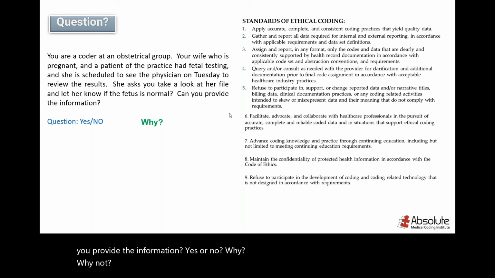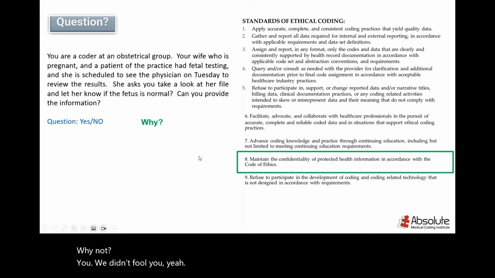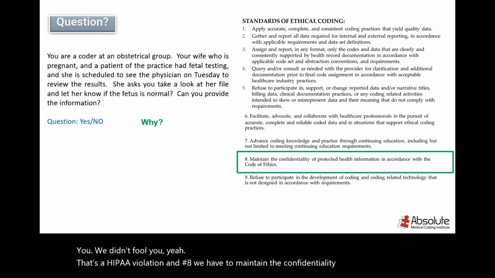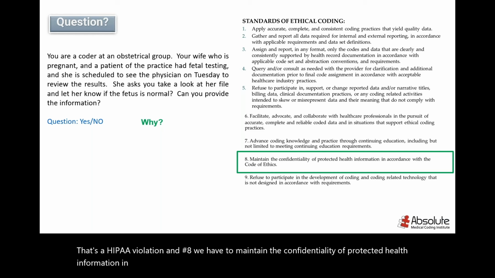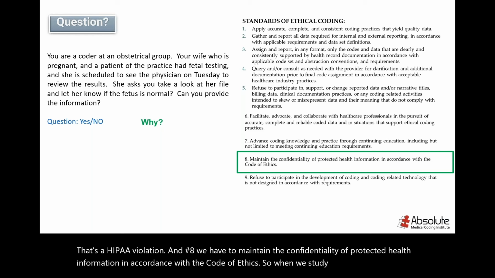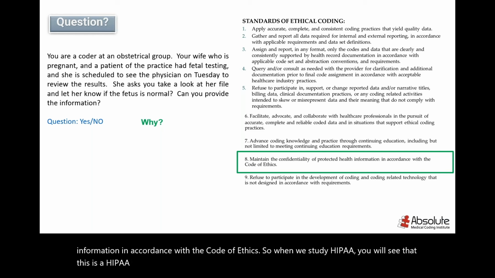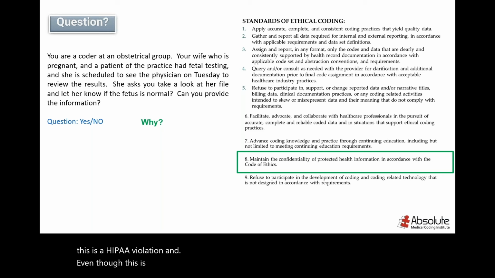Mm-hmm. We didn't fool you. Yeah, that's a HIPAA violation. And number 8, we have to maintain the confidentiality of protected health information in accordance with the Code of Ethics. So when we study HIPAA, you will see that this is a HIPAA violation. Even though this is your baby, the patient is the wife.